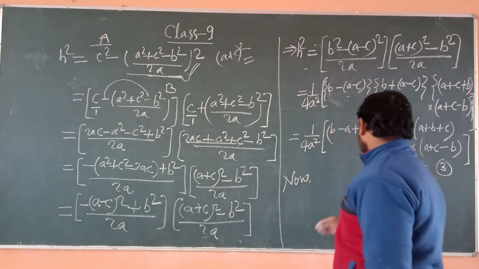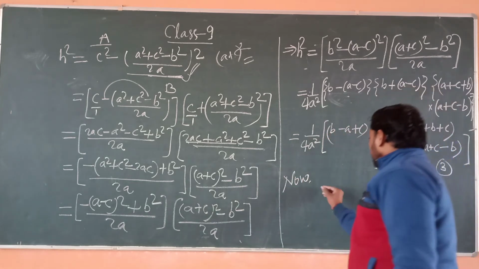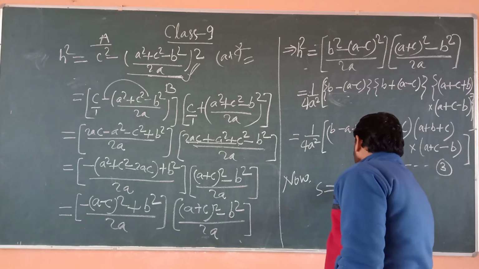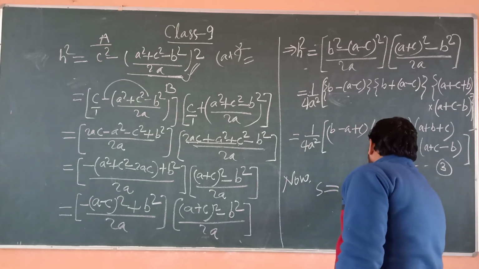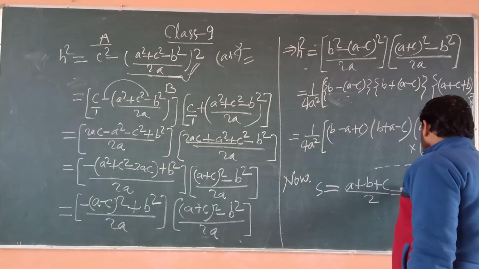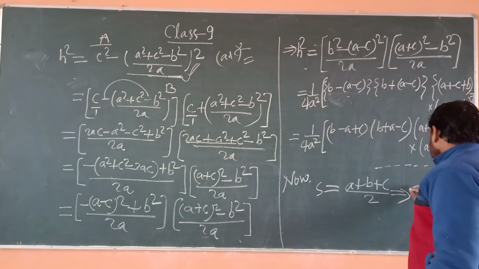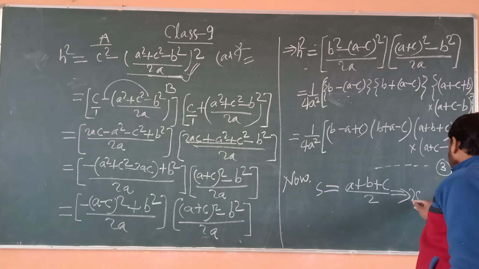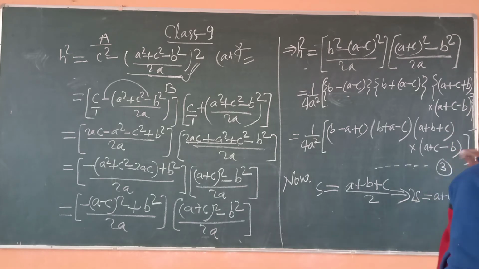Now s is equal to, we know already, a plus b plus c upon 2, which implies that 2s is equal to a plus b plus c. There is a plus b plus c, so we can put there 2s in the form of a's.